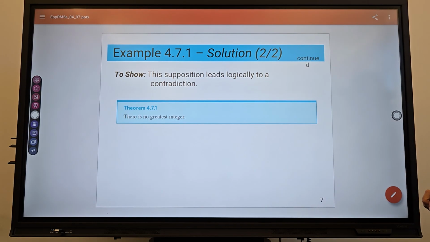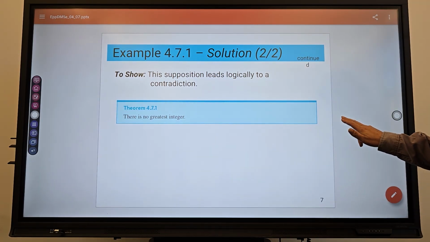Show that the supposition leads logically to a contradiction. Well, I just verbally explained it, that N plus 1 is an integer, and big N can't be greater than that. So there is no greatest integer. Integers are an infinite set.